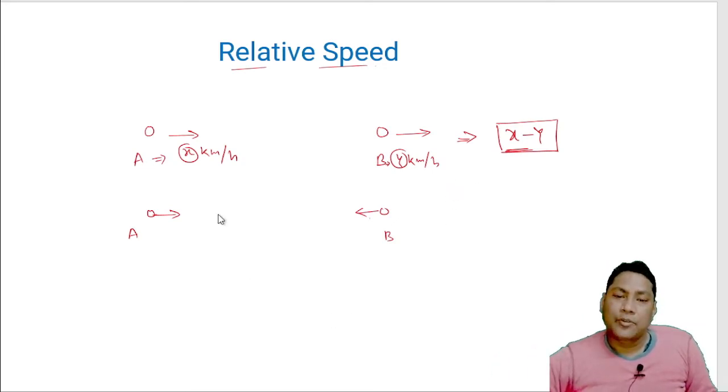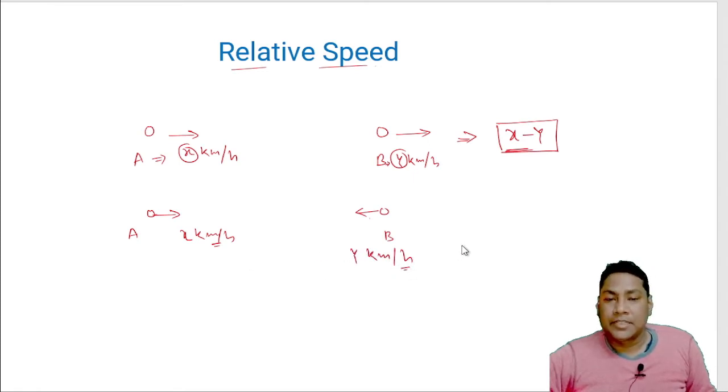Next is when the moving bodies are moving in different directions, meaning A moving towards B and B moving towards A, and the speed of A is x kilometer per hour and the speed of B is y kilometer per hour.